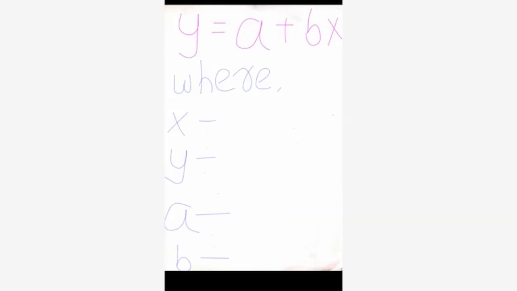Yes, very good. Okay, in a given relationship, we have observed that the highest power of the variables, that is of x and y, it is considered to be as one. Therefore, it is being called to be as linear. That is 100% true.